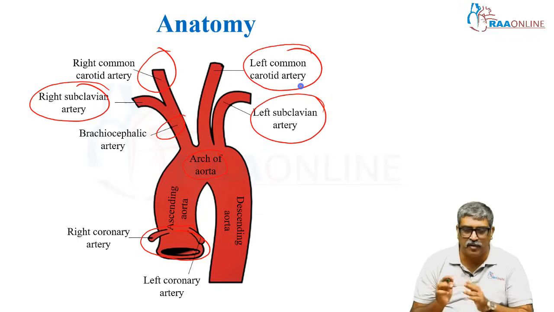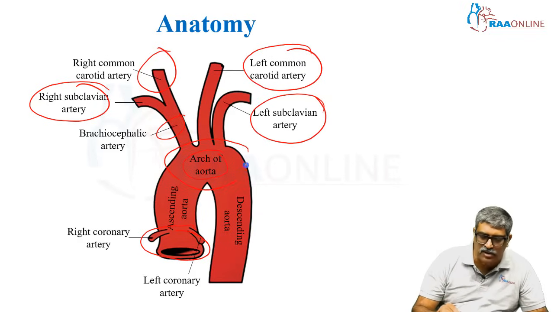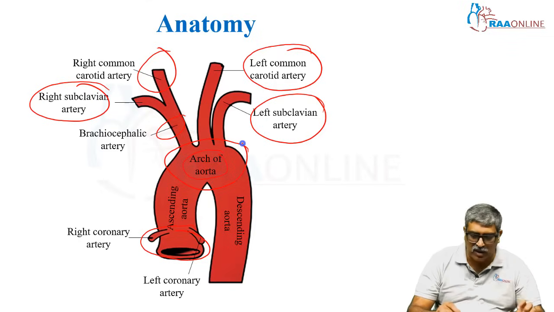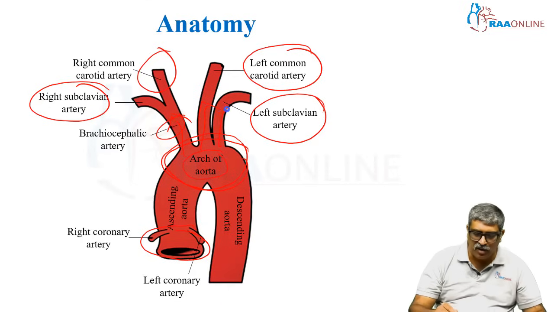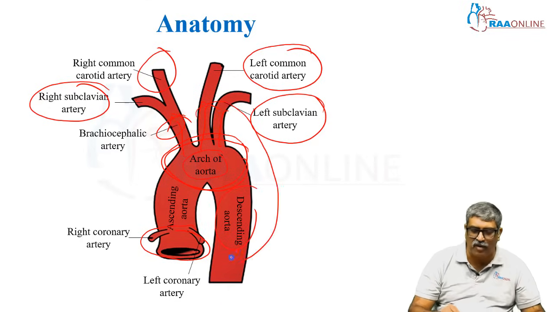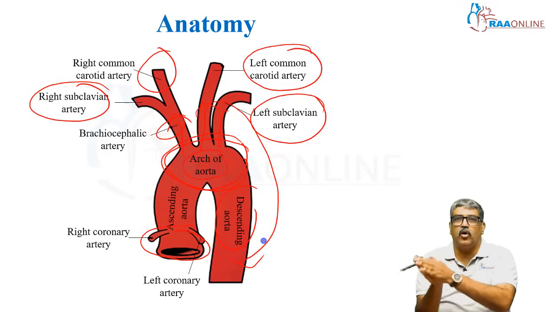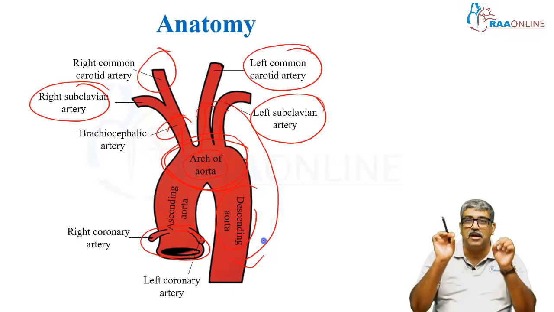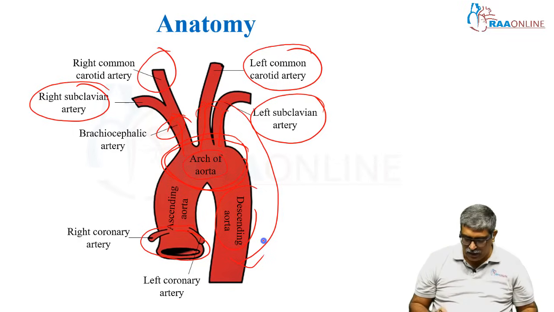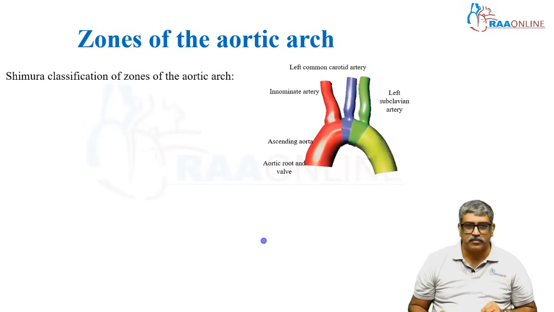These arteries are very important when you have an arch aneurysm. When you repair around this part, you have to provide blood supply to all these three vessels, or when you are dealing with this, you have to place some form of conduit so that the lower thoracic aorta receives blood supply. So the anatomy of these branches plays a major role in the repair of the arch.